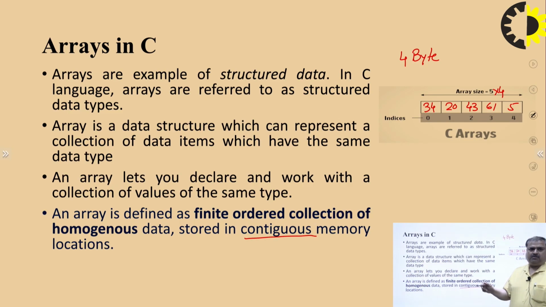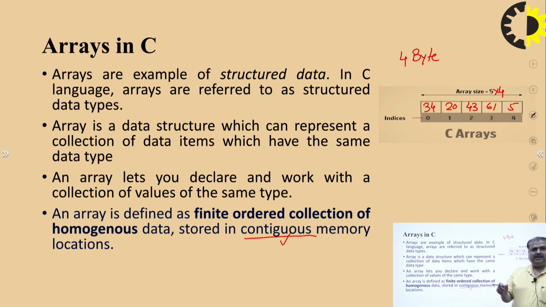So if I talk about the definition of an array, a very standard definition is: an array is defined as a finite ordered collection of homogeneous data stored in contiguous memory locations. We have discussed why we call it contiguous memory location. We say contiguous because every consecutive byte is not going to store a separate element; rather, an element may require more than one byte to store.